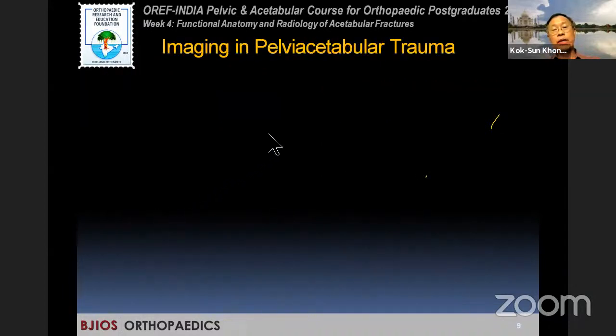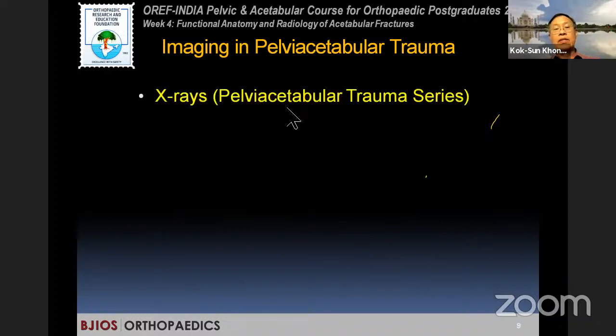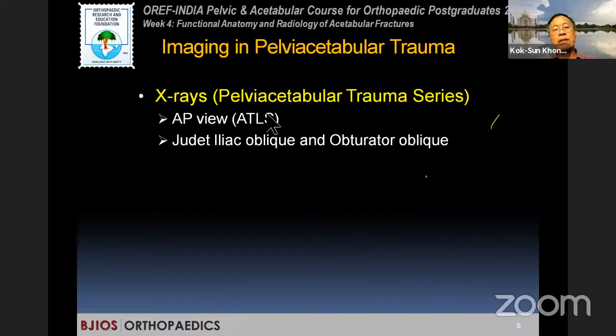Okay, let's go on to imaging for pelvic acetabular trauma. Generally, I'm going to talk about X-rays, but you have to consider what they are. ATLS will allow the AP view of the pelvis to be taken as a standard view already, so you will probably have that when you see the patient in the ER. The Judet iliac oblique and obturator obliques are taken. I'll show you later.